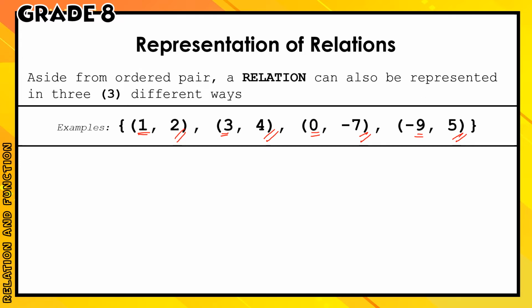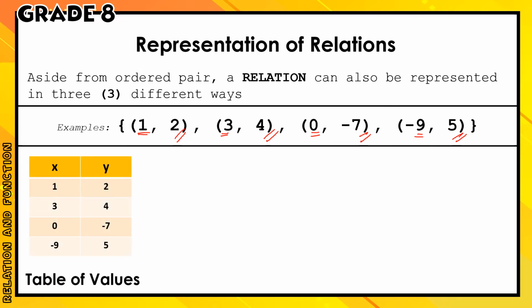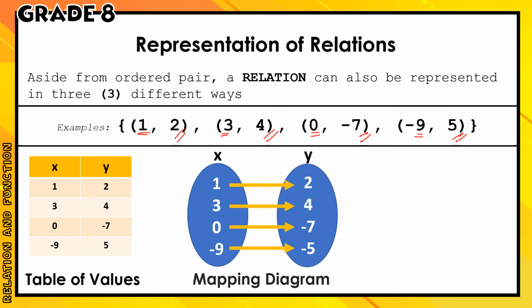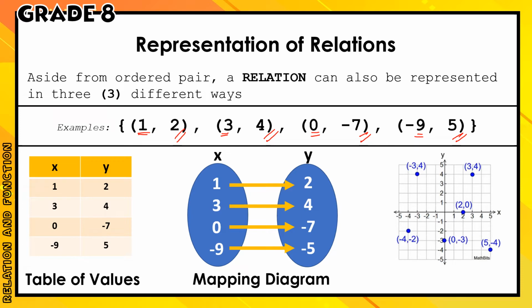There are three other ways to represent relation aside from writing it as an ordered pair. First is table of values. Second, mapping diagram. And lastly, graph. Aside from writing an ordered pair, relation can be represented using table of values, mapping diagram, and graph.